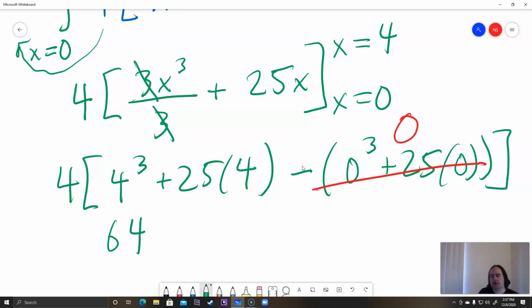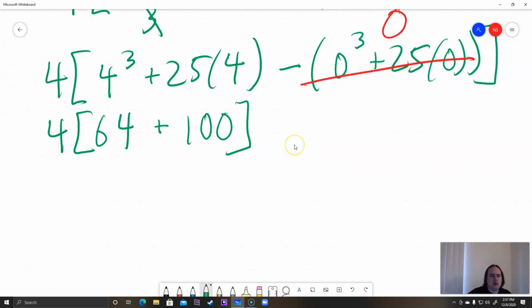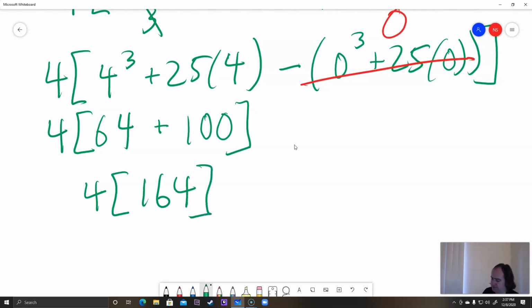And then everyone should know that 25 times 4 is 100, because there's 4 quarters in a dollar. Okay, so we have 4 times 64 plus 100. So that's going to be 4 times 164. And I could probably do that in my head.